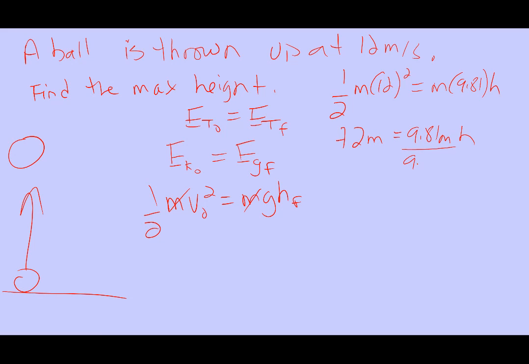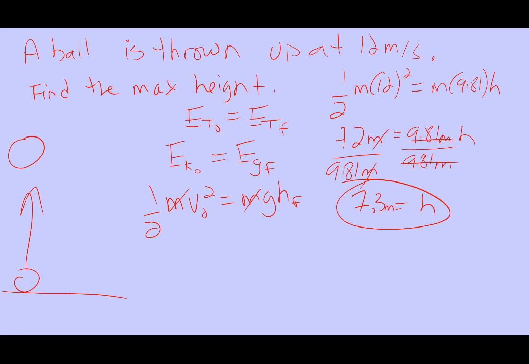So of course, a good math teacher would say, okay, divide both sides by 9.81 m. That gets rid of that. That gets rid of that. Keeps the h by itself. The m's divide out, and I got 72 divided by 9.81, and that's what's going to get me the answer of 7.3 meters.